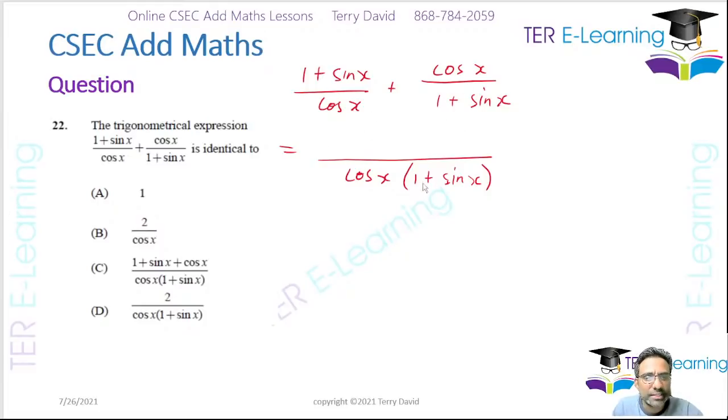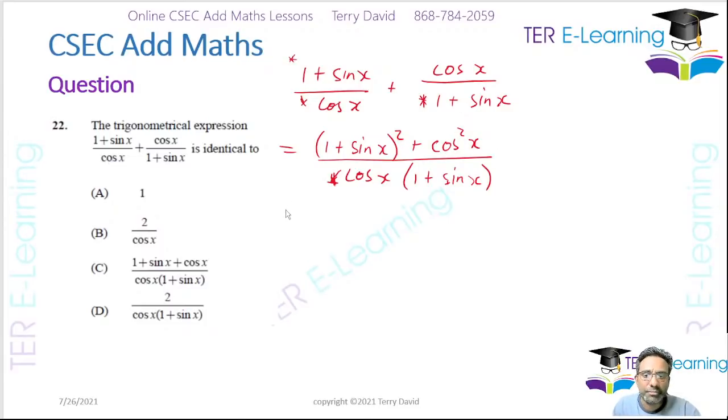When we take this denominator and divide it into the common one, you end up with 1 plus sine x, and I multiply that by 1 plus sine x here. So this here is going to be 1 plus sine x squared. Put back your plus sign. Then when we divide this one in, you're going to get cos x. So cos x by cos x is going to give me cos squared x.